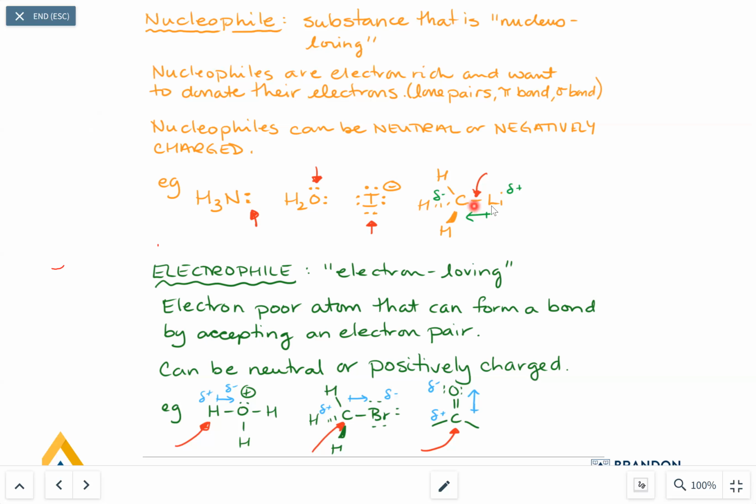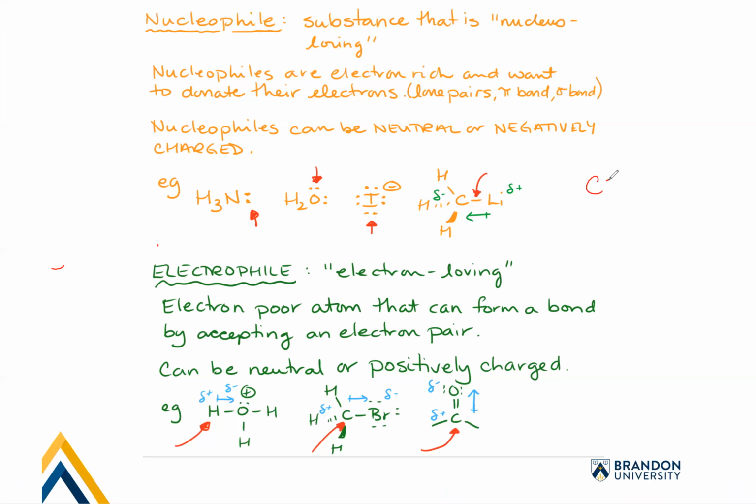And remember, if we were to make this bond ionic, carbon with the minus has very little ability to stabilize that negative charge.